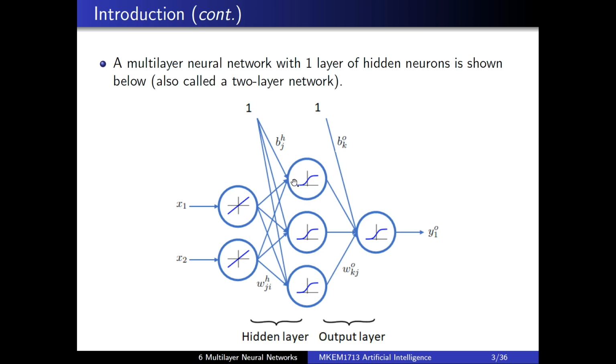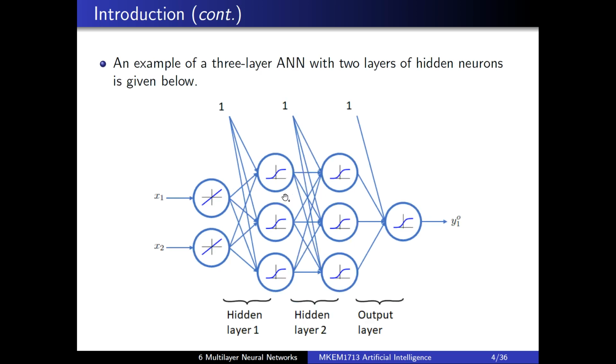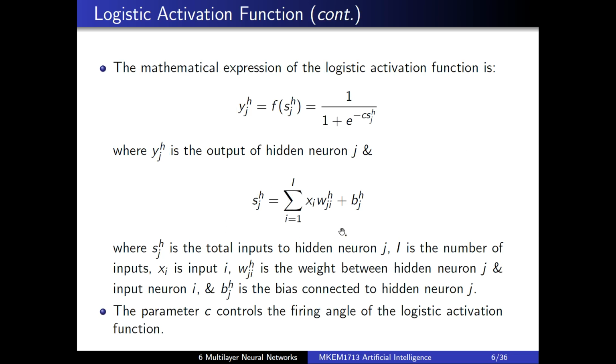As you can see, the total sum of input to hidden neuron 1 is 1 multiplied by BH1, plus X1 multiplied by WH11, plus X2 multiplied by WH12. In general, this is the equation of SHJ.